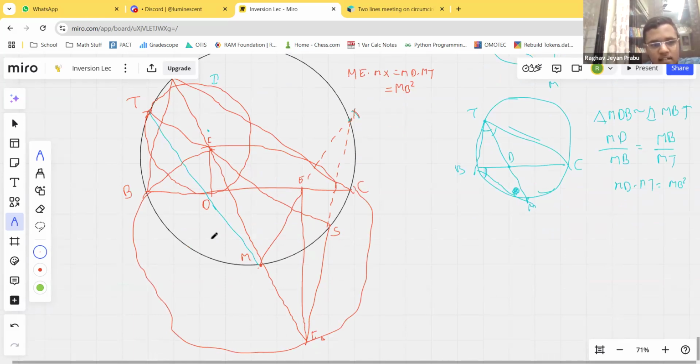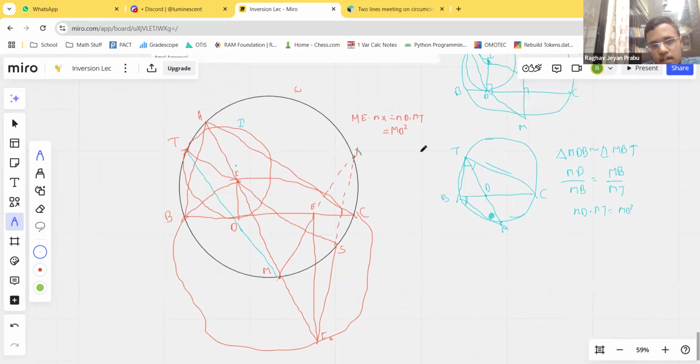Because this angle IBIA is 90 and M is the midpoint of IIA. So you have ME times MX equals MD times MT equals MB square, which is MI square, which is also MIA square. So the point being that all of these points satisfy lots of nice properties.